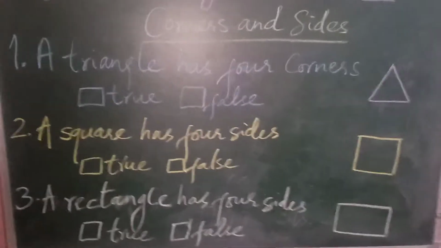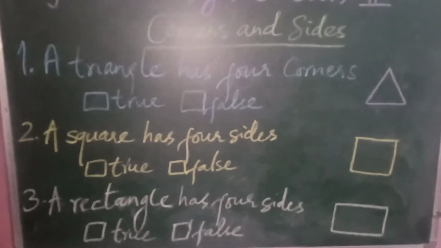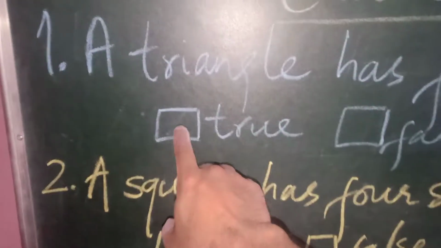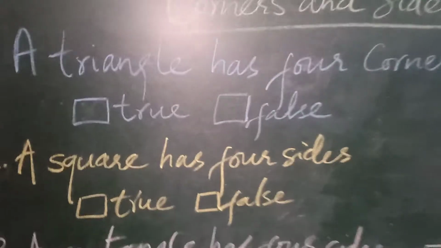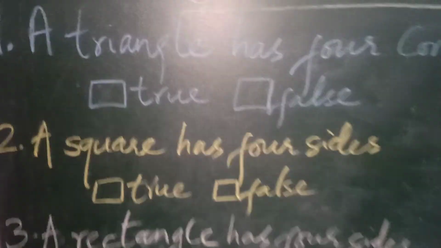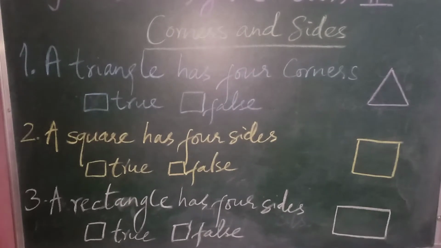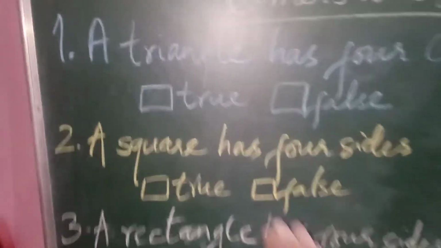As you can see, on the right hand side I have drawn the diagram. If it is true, you should tick mark in the true box, or if it is false you have to check it here. So if the triangle has 4 corners, you have to mark whether it is true or false.